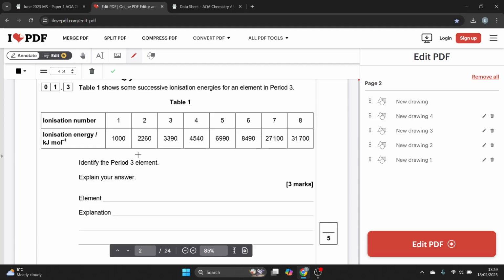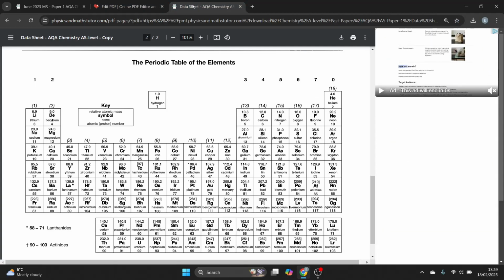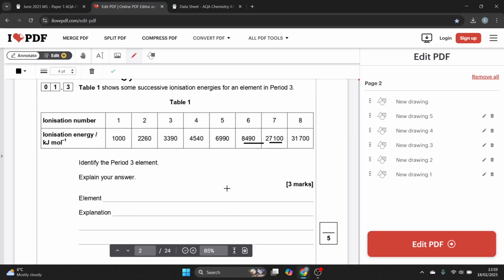Identify the period 3 element. So what you would have to do in this case is look at the ionization energies and look where's the massive jump. So the massive jump is from here to here. So the period 3 element, and how many electrons has it got?